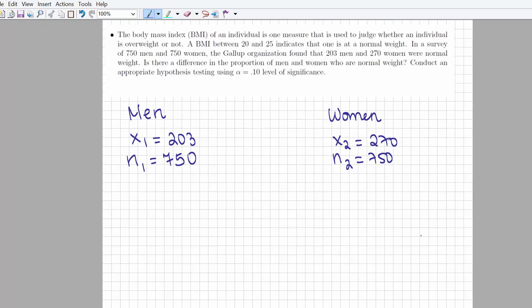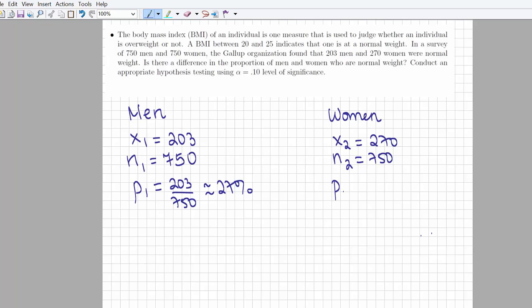Let's go ahead and actually compute our proportions. So for the proportion of guys who have normal BMI, we would do 203 over 750, and let's see what we get here. Okay, so let's say roughly 27%. Then what about ladies?